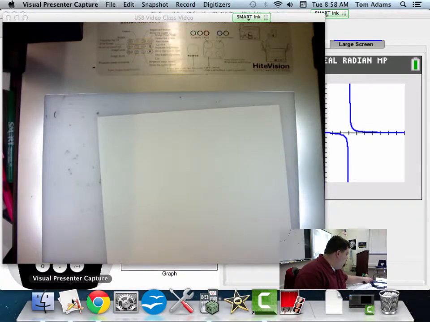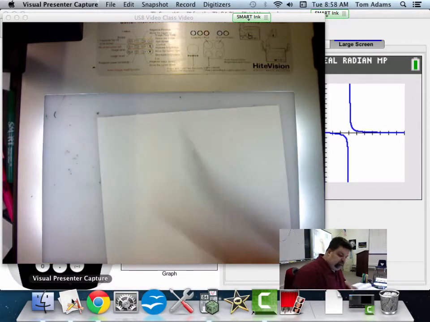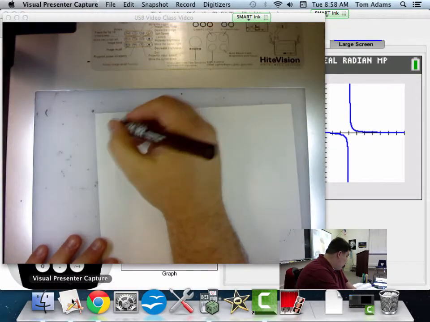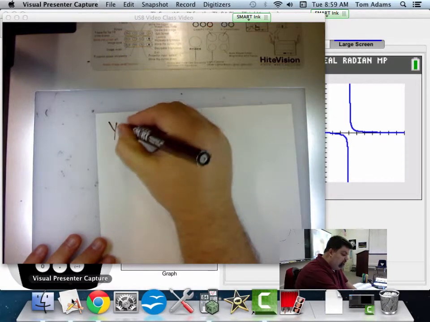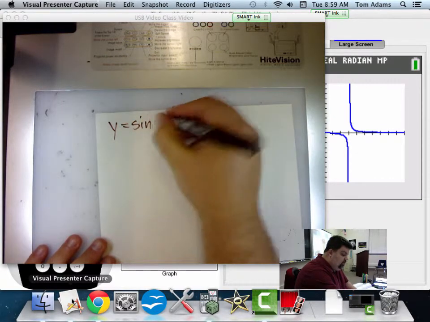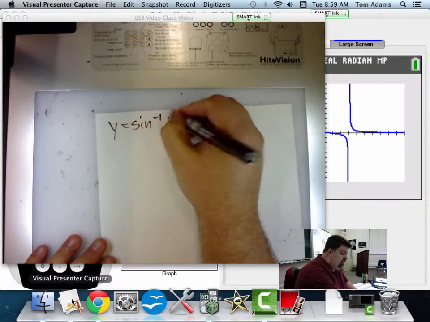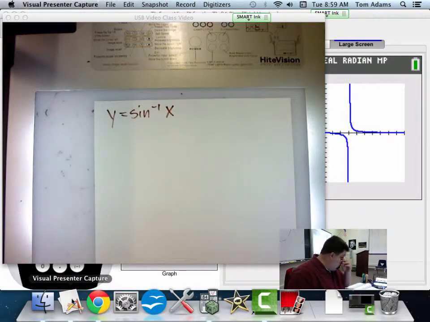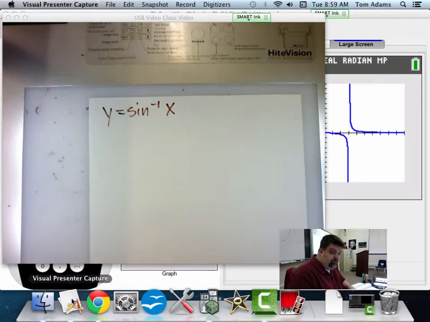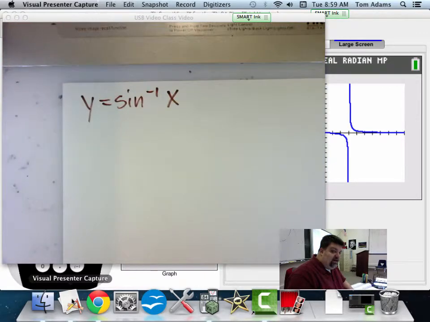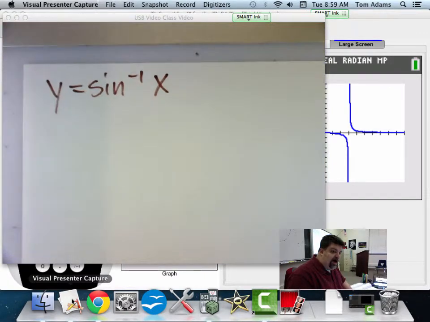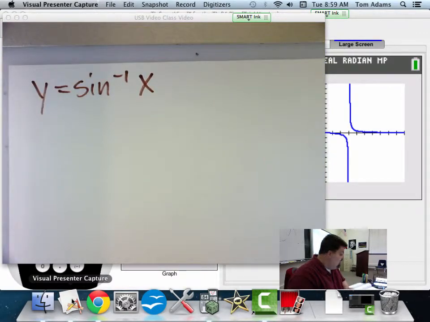So for 3.8, what we want to do is take derivatives of functions like arcsine. So arcsine of x is the inverse function of sine of x. And because we model data with sine of x, it stands to reason that we might use the inverse of sine of x.